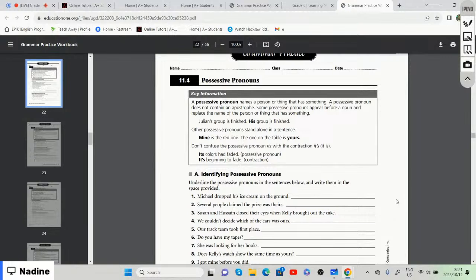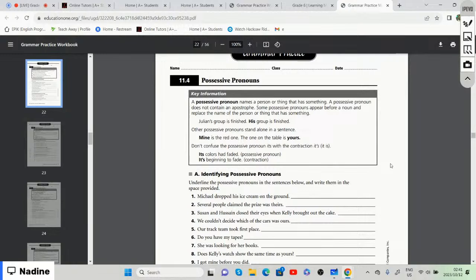It refers to something whose color has faded. And then we have it's beginning to fade, which is like saying it is beginning to fade. So something is beginning to fade. That is a contraction, and that is not a possessive pronoun.